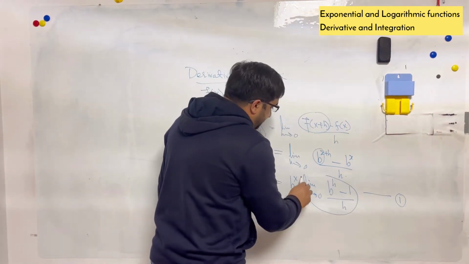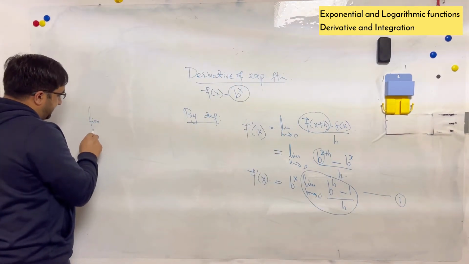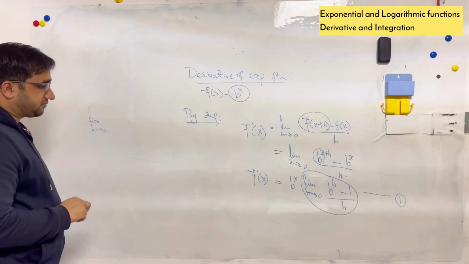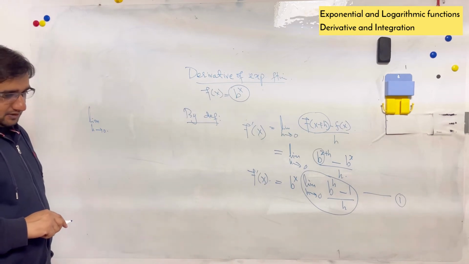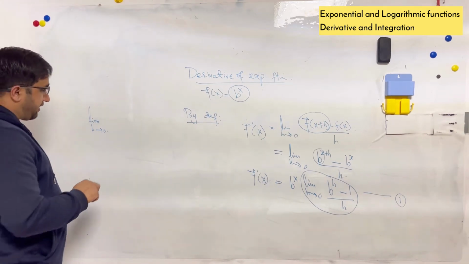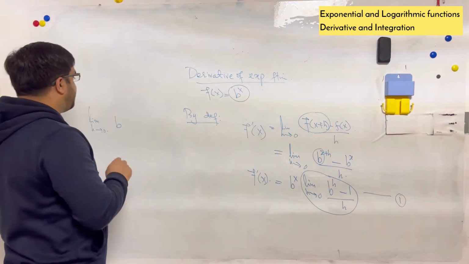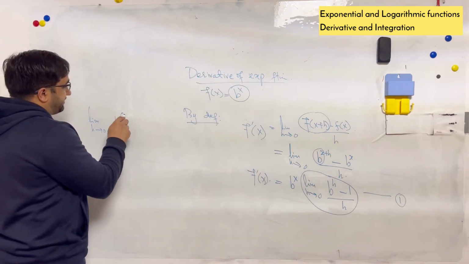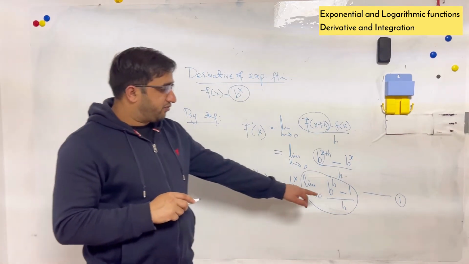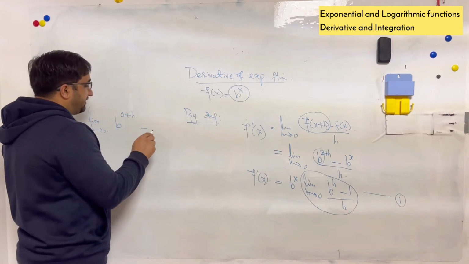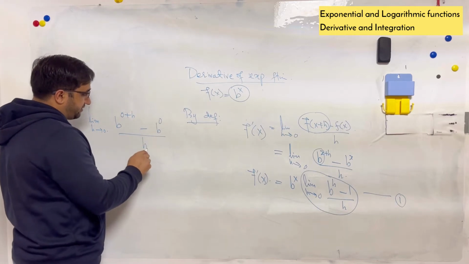Let me consider this part separately. The limit as h goes to 0, and instead of b raised to the power h, I can write b raised to the power 0 plus h, minus, instead of 1, b raised to the power 0, divided by h.